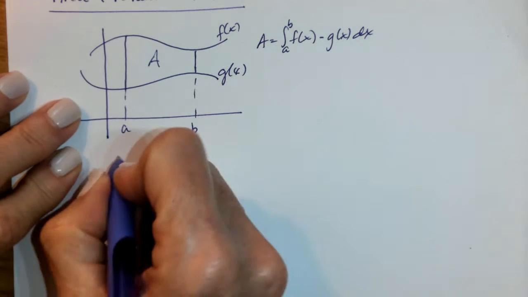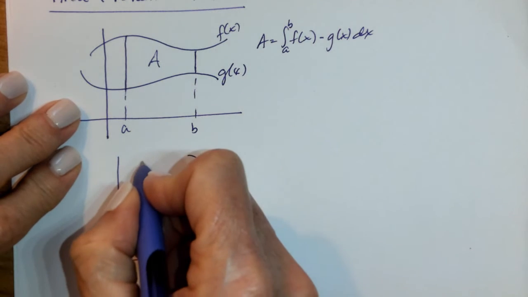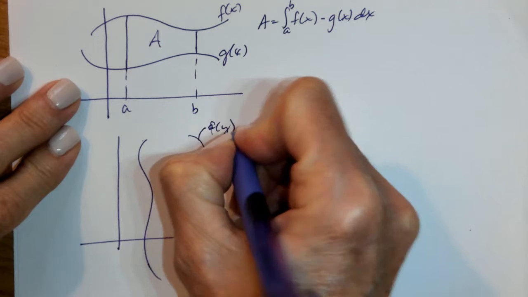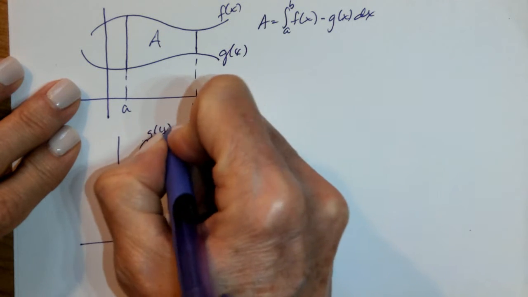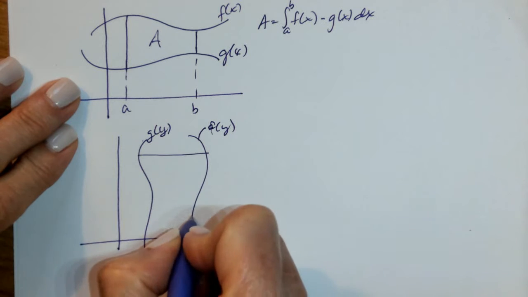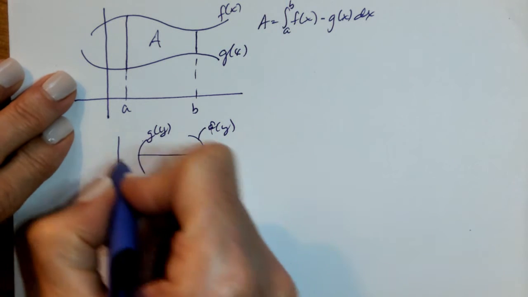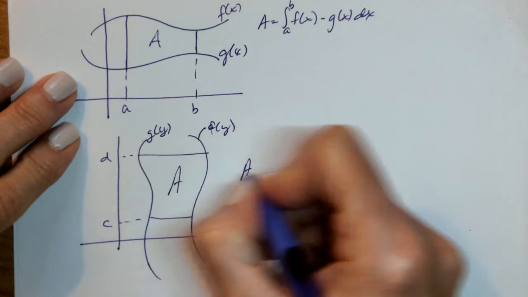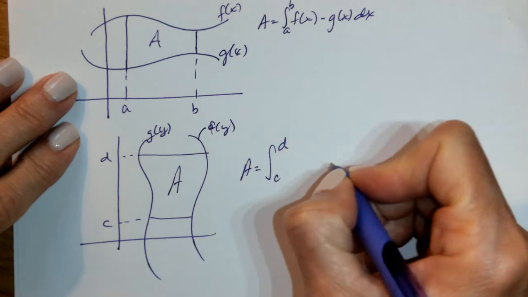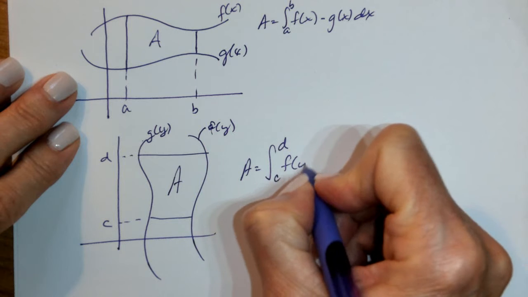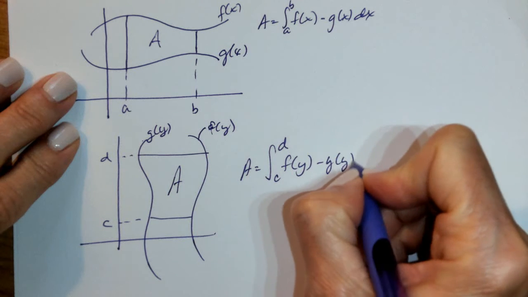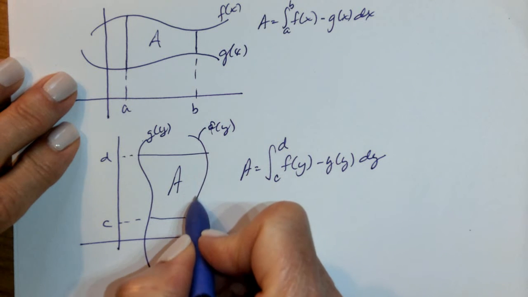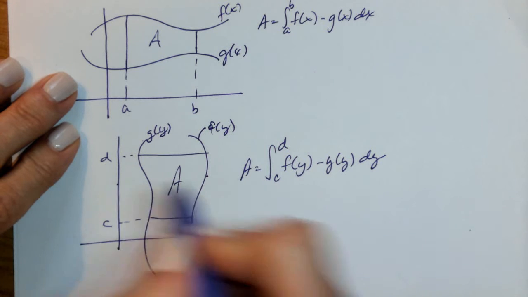So if we had two curves, f of y and g of y, and we were finding the area between them from, say, y equals c to y equals d, the area in between would be the integral from c to d of the outer curve f minus the inner curve g, because the integral of f of y would give the area from the curve f to the y-axis.